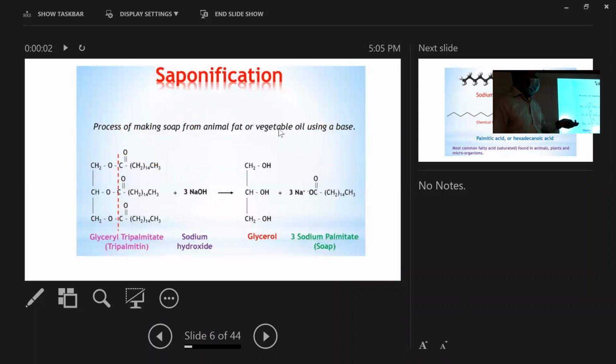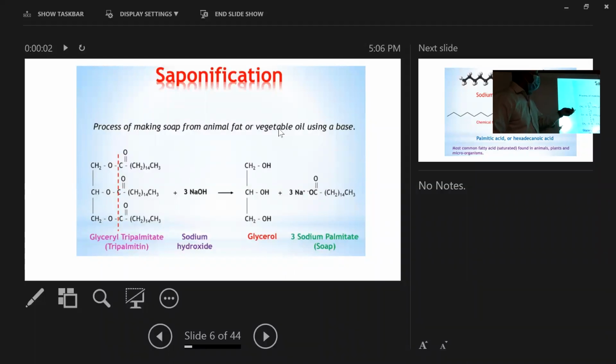Okay, see. This is our soap. This is CH2 14 CH3. This compound is glyceryl tripalmitate. Sorry, palmitate, glyceryl palmitate. So this is our compound. This is an ester.